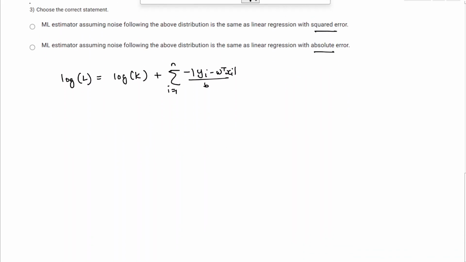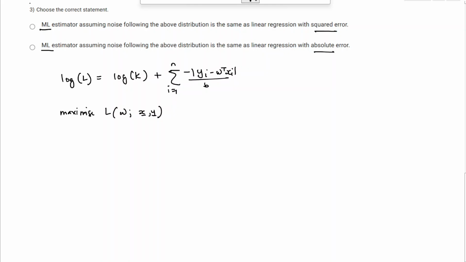Now what does an ML estimator mean? This is the maximum likelihood estimator. So what do we do in a maximum likelihood estimator? We try to maximize the likelihood. So we can write maximize L of w where x and y are given.